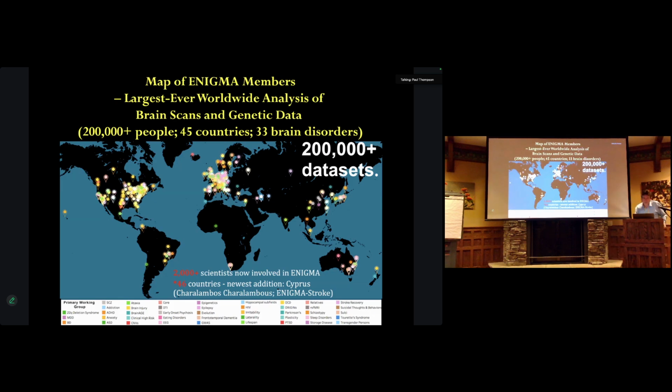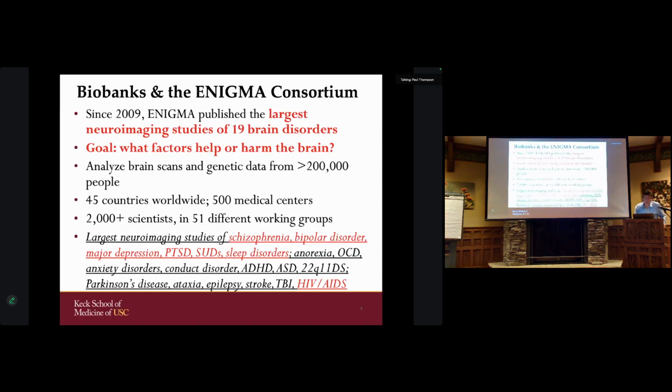And a lot of the work publishing with this has been studying what factors help or harm the brain, leading to the largest neuroimaging study of schizophrenia, bipolar, major depression, PTSD, substance use, anorexia, OCD. These are all sorts of disorders that have signatures in the brain or patterns of change in the brain that are of interest for diagnosis.